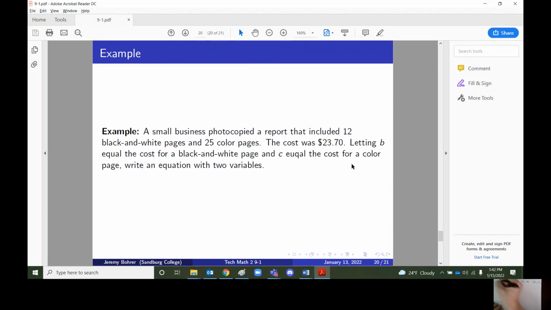Okay, so now we're getting into something more complicated. We're told that a small business photocopied a report that included 12 black and white pages and 25 color pages. The cost is $23.70. If we let B be the cost of a black and white page and C the cost for a color page, we want to write an equation in two variables.